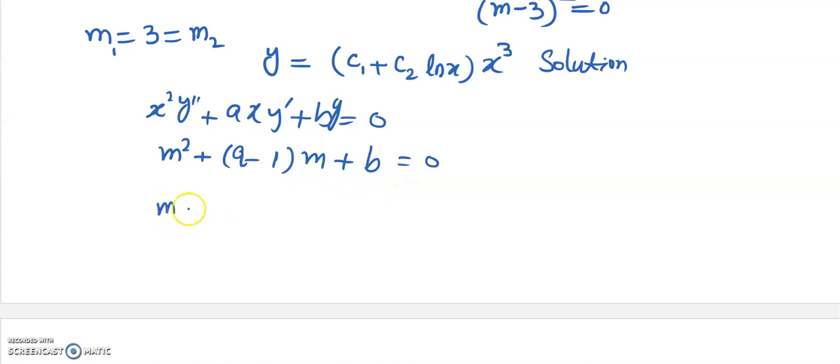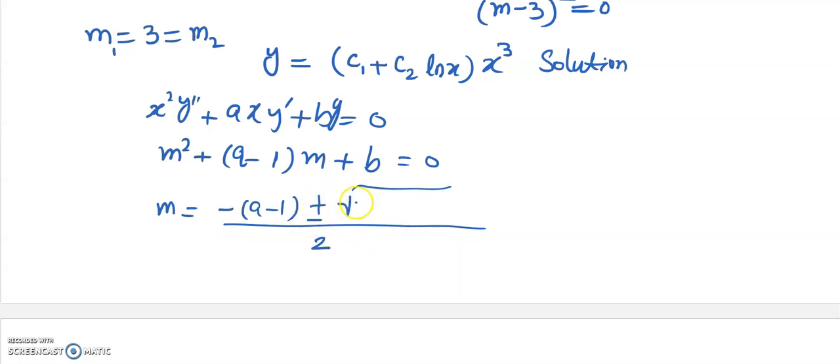So in terms of the quadratic formula, the roots are minus (a minus 1) over 2 plus or minus the square root of (a minus 1) squared minus 4b.